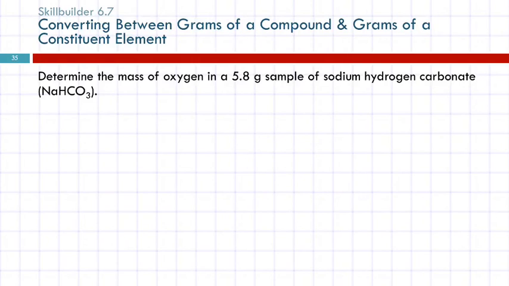It comes down to the same process. So I'm given a number, 5.8 grams of, we should write the formula. And then what are they asking me to find? Grams of oxygen.